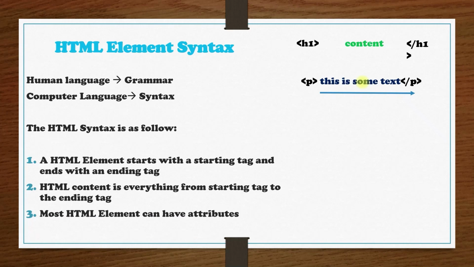And then number 3, most HTML elements can have attributes. Attributes. What is an attribute? You don't know. I will tell you next session, but right now it's too soon for me to tell you. Just keep it in your mind that all the HTML elements, or most of the HTML elements, can have what? Attributes. From one attribute up to several attributes.